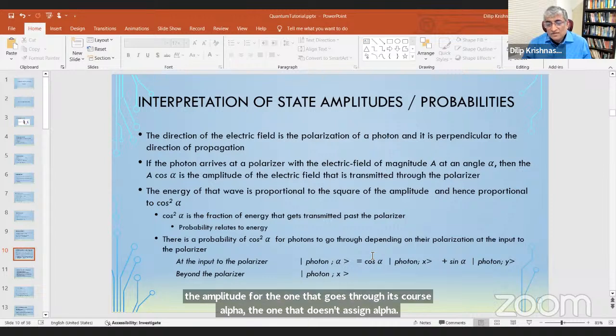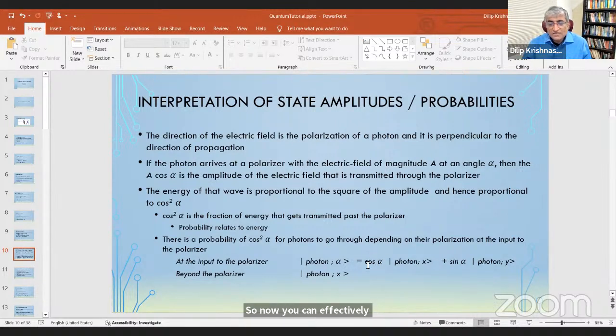So now you can effectively see why the squares of the amplitudes are considered as probabilities in quantum computing, because it comes from conservation of energy to some extent. So you can say the amplitude is cos alpha, so the energy is proportional to cos square alpha, and the sum of the energy is conserved. So the sum of the probabilities is conserved.